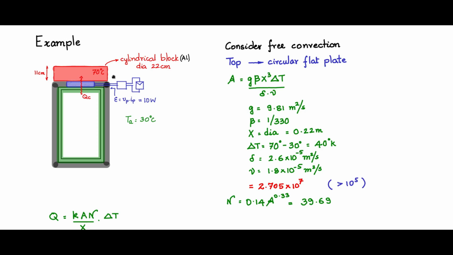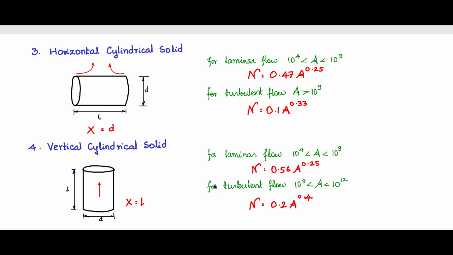So now let us calculate the heat flow out of the sides of the aluminum block. So from the sides, if you see, it is like a vertical cylinder. A vertical cylinder is something like this.